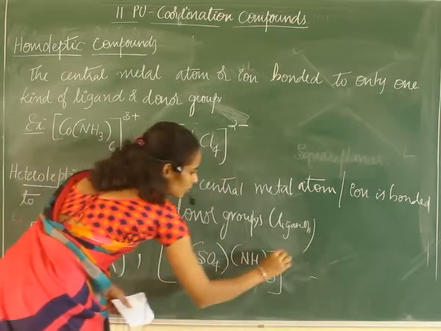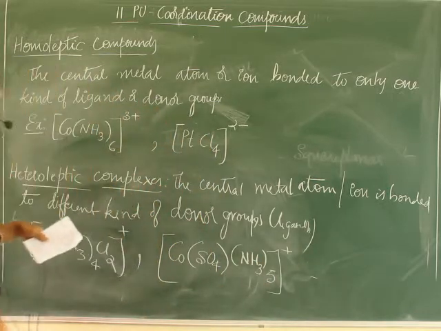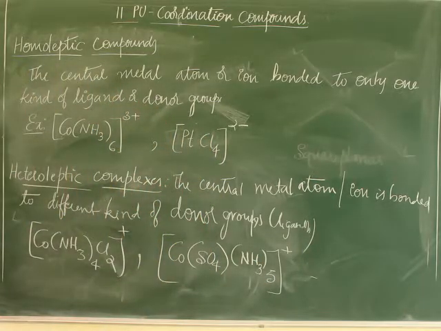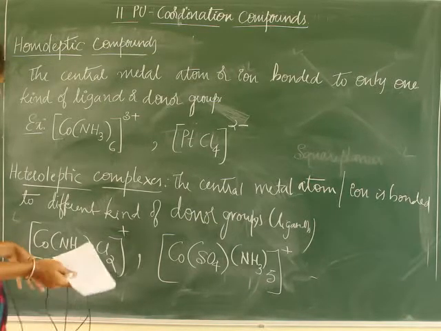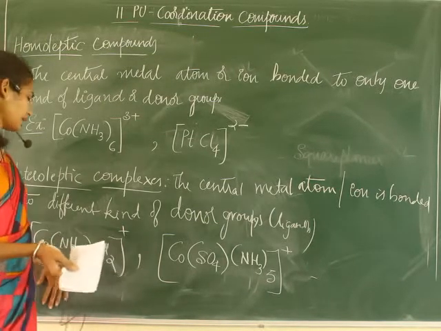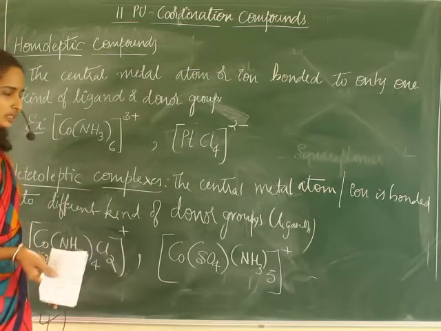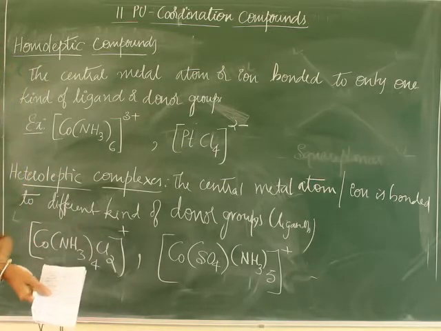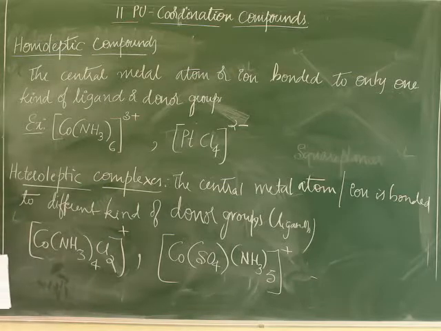Just go through any one example, whichever you find easy. Just remember that. These two are easy examples, the first and the second. It's your wish. Yeah, this is about homoleptic and heteroleptic complexes.